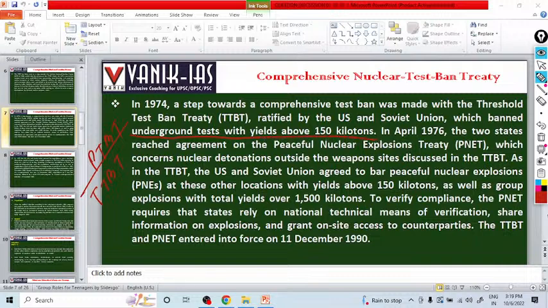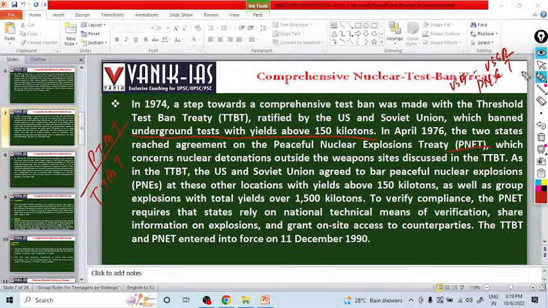In April 1976, the two states reached agreement on the Peaceful Nuclear Explosion Treaty (PNET). Who reached this agreement? USA and USSR signed the PNET, the Peaceful Nuclear Explosion Treaty, which concerns nuclear detonations outside the weapon sites discussed in the TTBT.